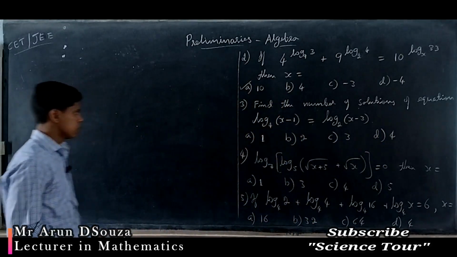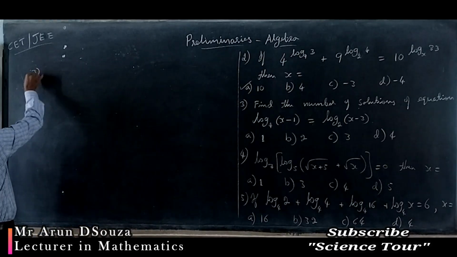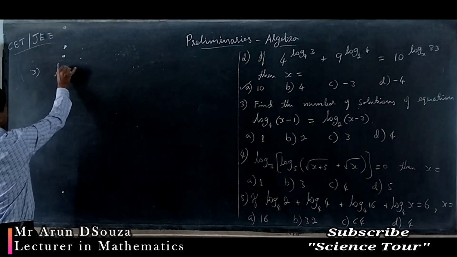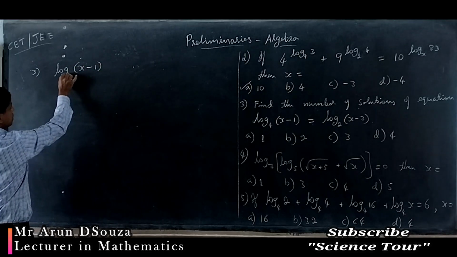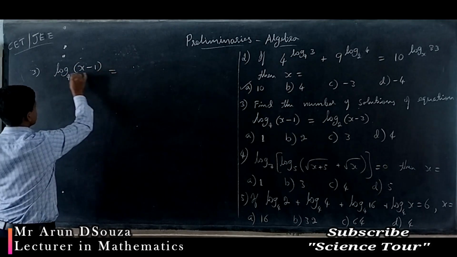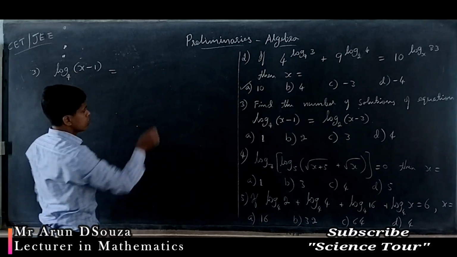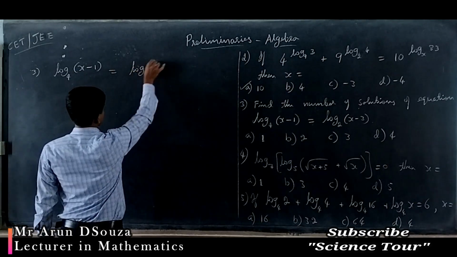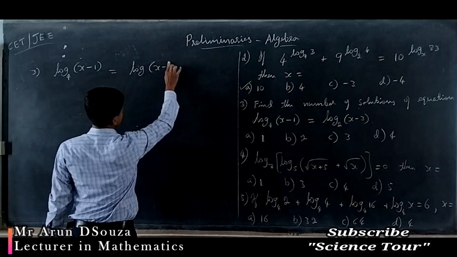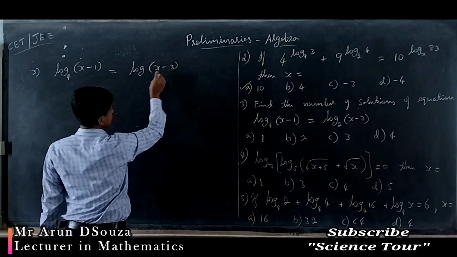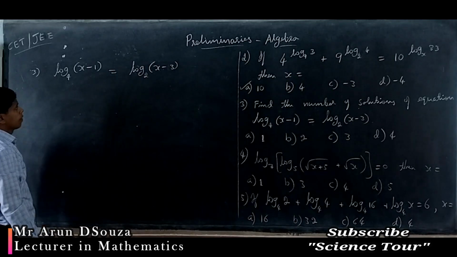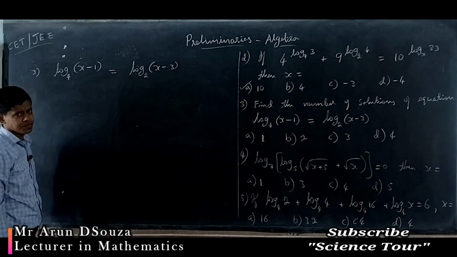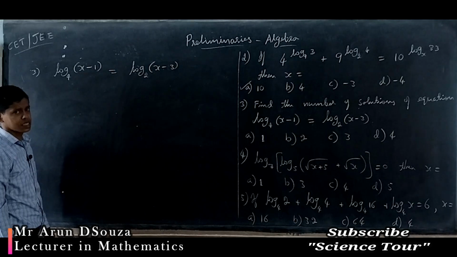Let's see. So we'll start with the equation. log (x minus 1) to the base 4 is equal to log (x minus 3) to the base 2. Let me make the bases similar.